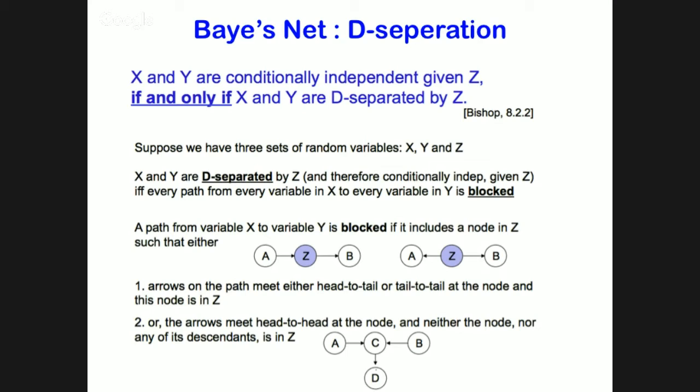Any other questions? Okay, so going back to d-separation. If a path between two random variables is completely blocked, then you can say they are d-separated, which implies that they are conditionally independent.